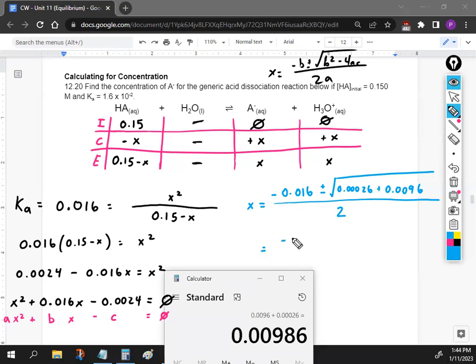Okay, so I'm going to write it down here, 0.016 plus or minus 0.00986. Are you subtracting? Yeah, so we are supposed to subtract, but if you notice, our c is a negative number. So when we multiply the negatives together, it becomes plus.